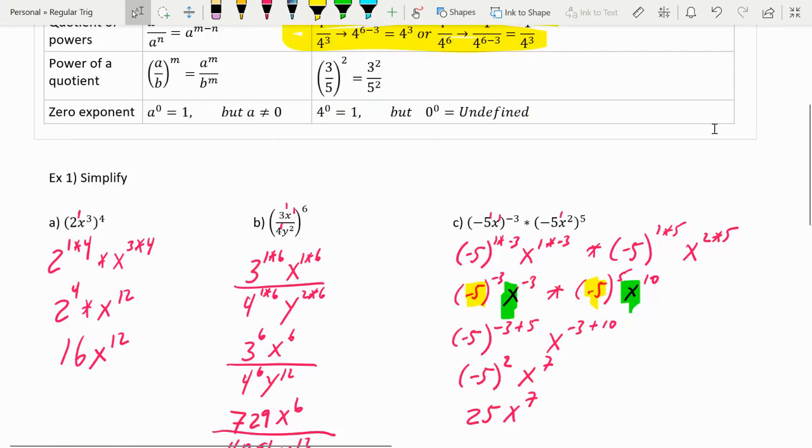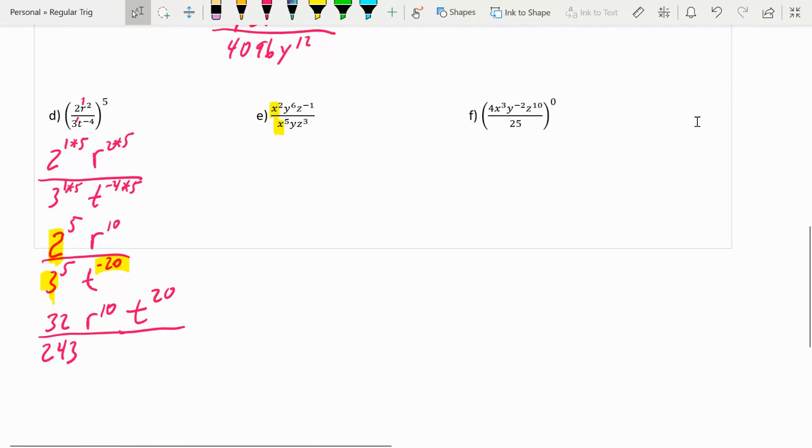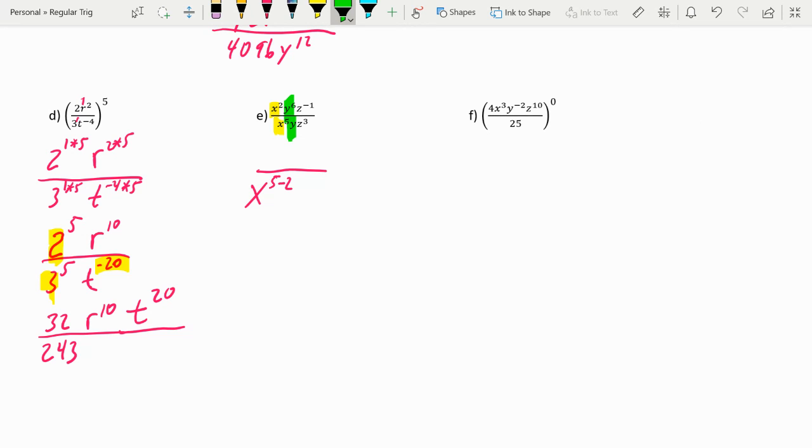So I'm going to draw my fraction bar. 5 is bigger than 2, so since 5 is at the bottom, 5 minus 2. Now I'm looking at y's. I have y to the 6th over y to the 1st. Since 6 is bigger, it's going to be 6 minus 1 up on top.